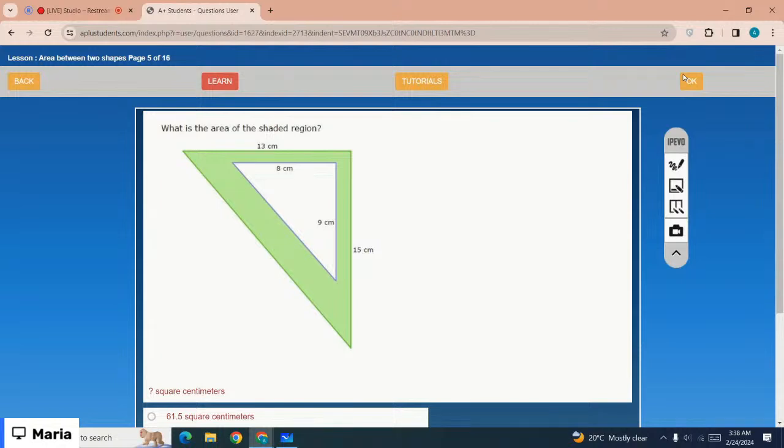What is the area of the shaded region? So, which is the correct option? You have to calculate the area of triangles, that is half times base times height.